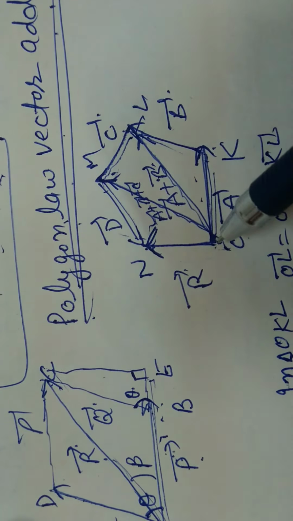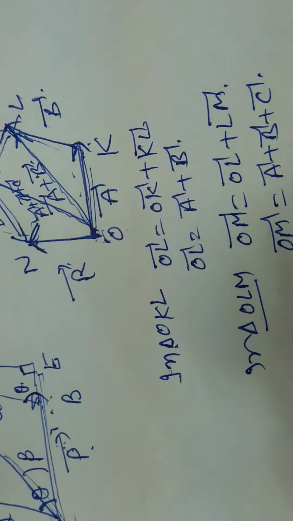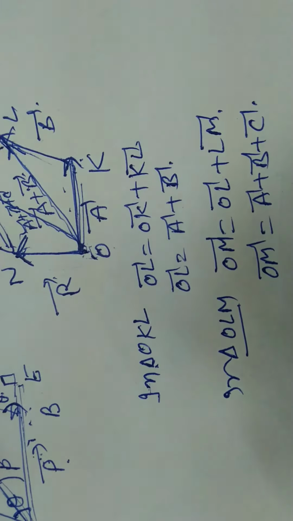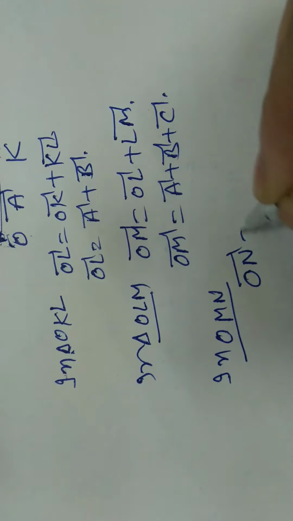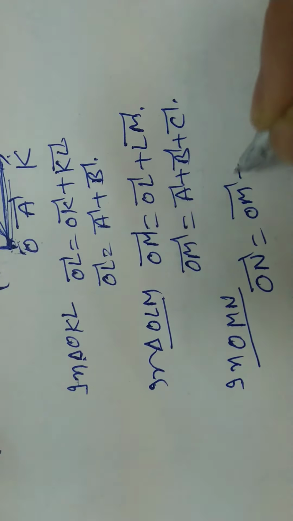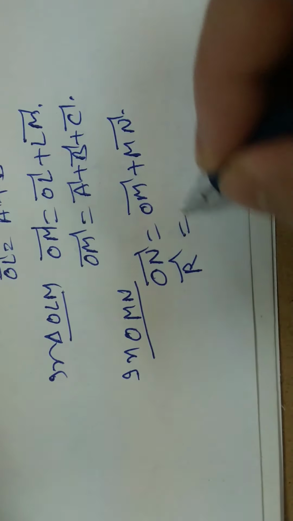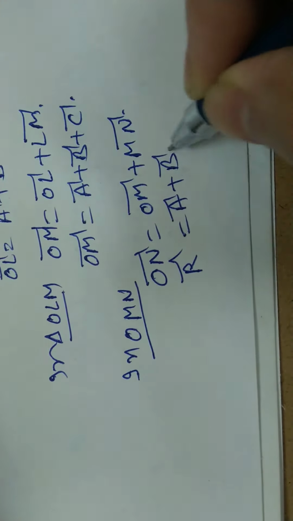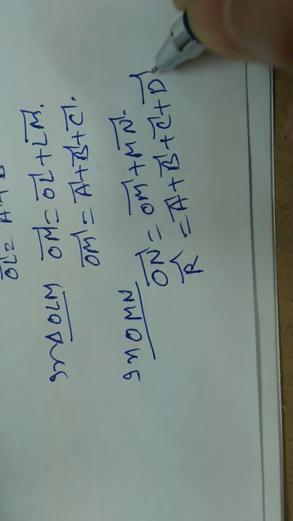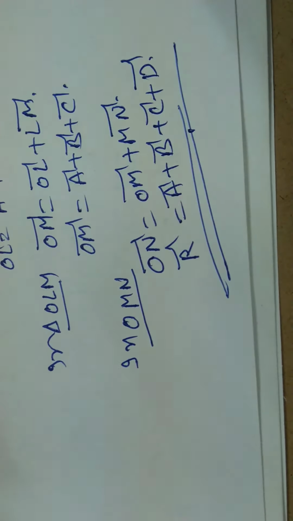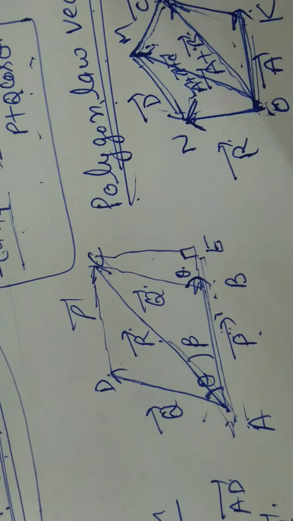Now in triangle OMN, we have ON vector, that is OM vector plus MN vector, so R vector is A vector plus B vector plus C vector plus D vector. So a number of vectors are added by using this polygon law of vector addition.